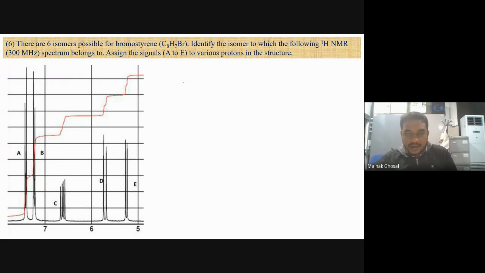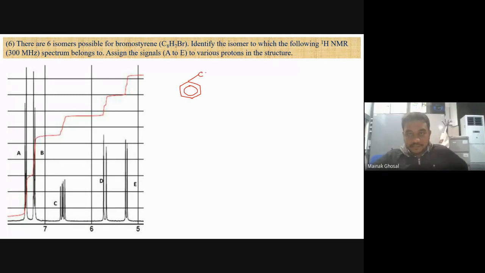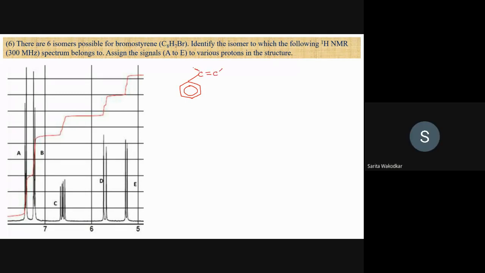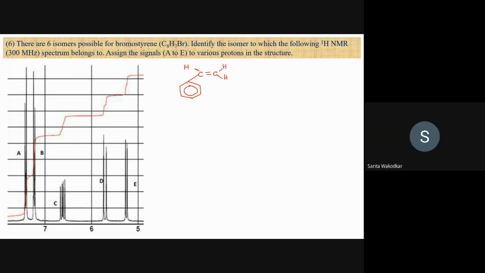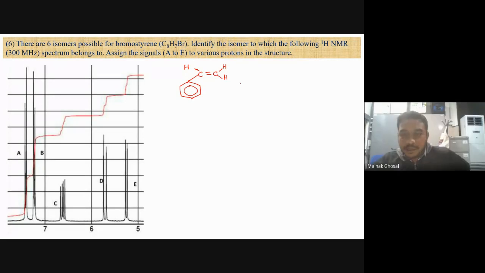Forget about bromo. C6H5CH double bond CH2. Yes, so this is styrene.